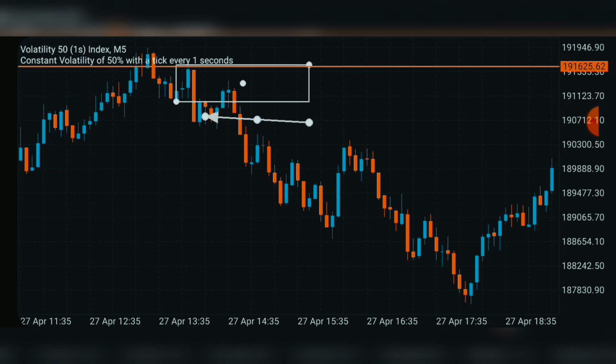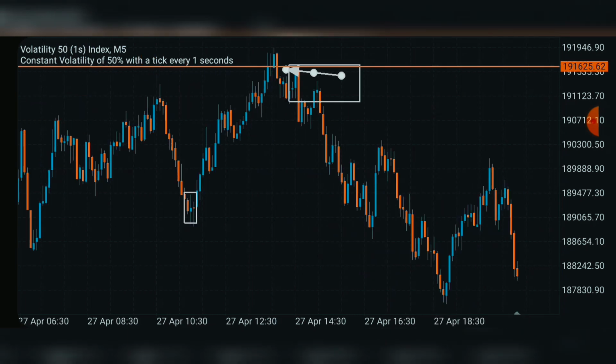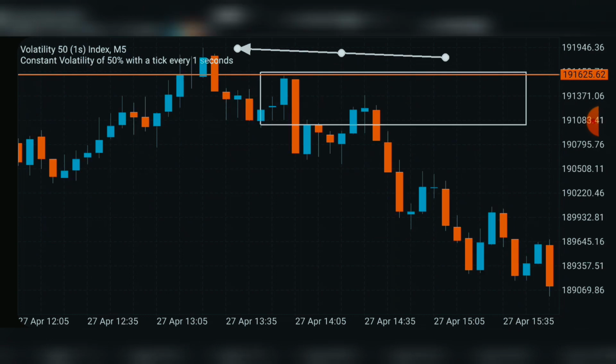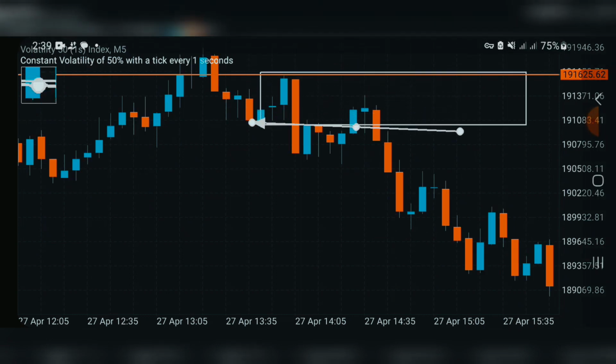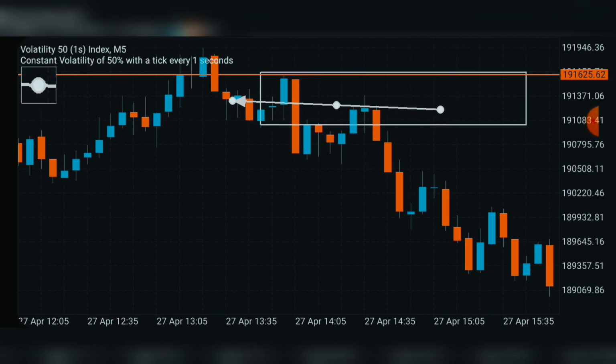Let's look right here. So as we can see from this point, price came impulsively up to this point here, right? And then price pushed down. So price formed a small order block here that was not respected.